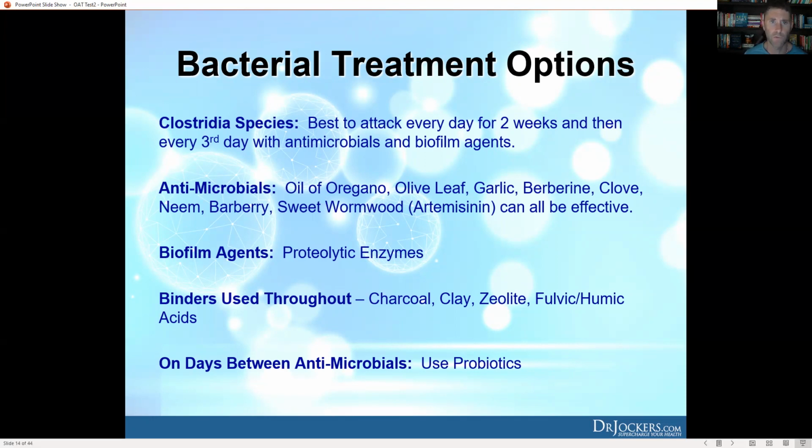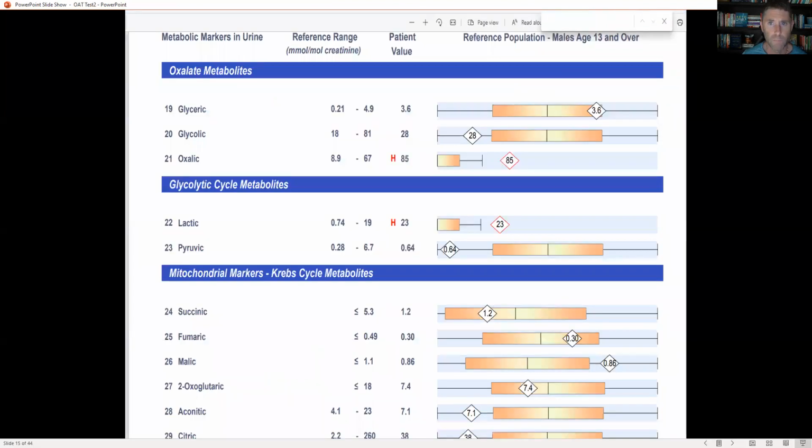So using binders again to help grab toxins that are released by the Clostridia, and grab up some of these microbes: charcoal, clay, zeolite, fulvic, humic acids. And then in between using the antimicrobials, you can also use probiotics, things like Saccharomyces boulardii, for example. The beneficial yeast has been shown to be effective against Clostridia. So getting some probiotics into the system as well is really important.